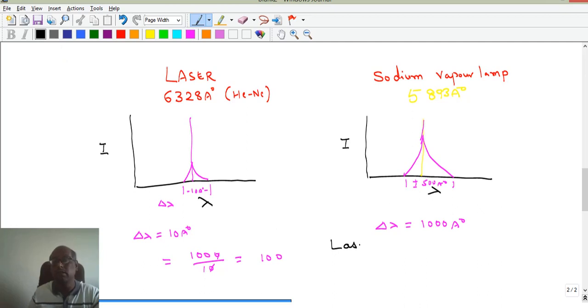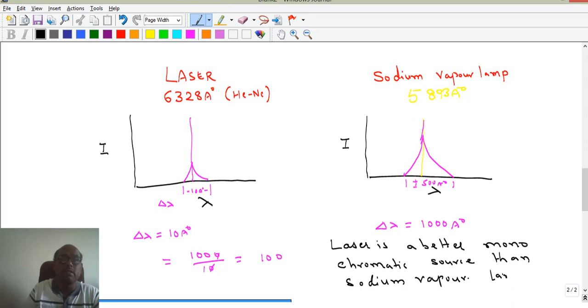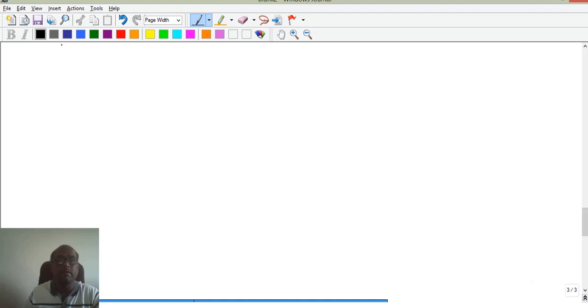Laser is a better monochromatic source. How much better? 100 times better a monochromatic source than sodium vapor lamp. Right? Then the next thing we want to study is coherence.